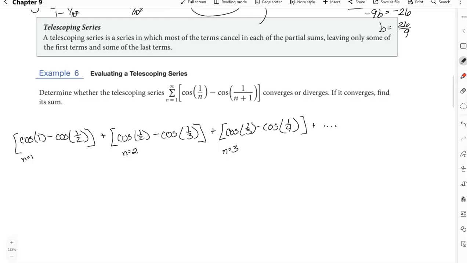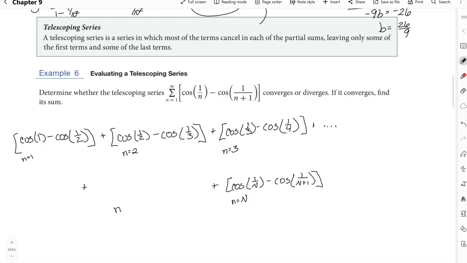And if we were to go down towards the end, to the nth or the kth partial sum, let's go down to n equals, I'll call it capital N. So this would be cosine of 1 over n minus cosine of 1 over n plus 1.